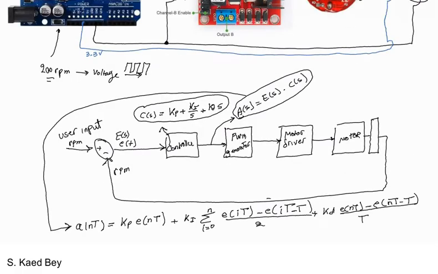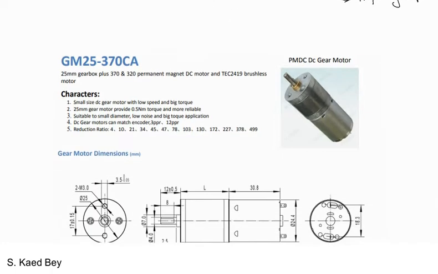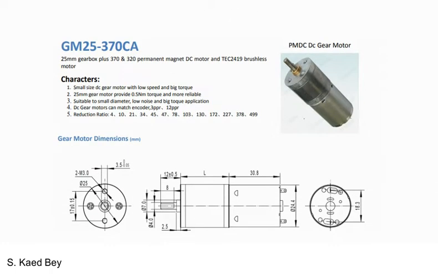For example, if we go to the datasheet of a similar hobby DC motor, you may find a maximum RPM, you may find some gearing ratio, but you won't be able to find the back EMF, the inertia, the viscous friction, or the torque constant, etc.